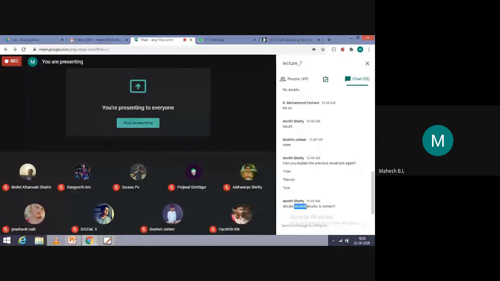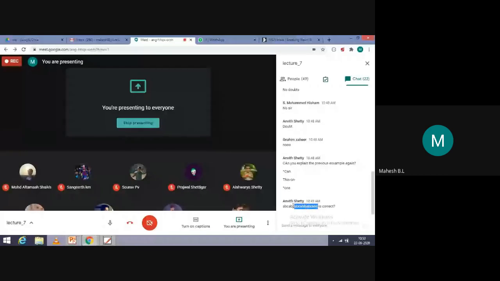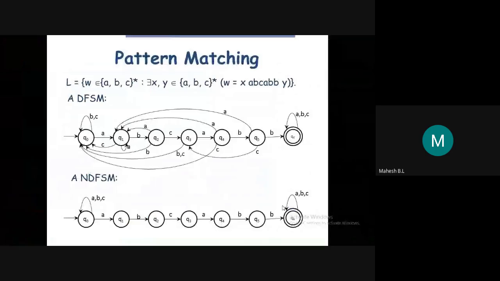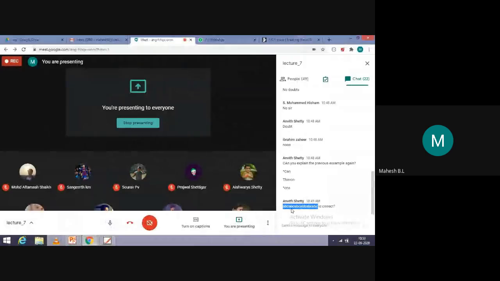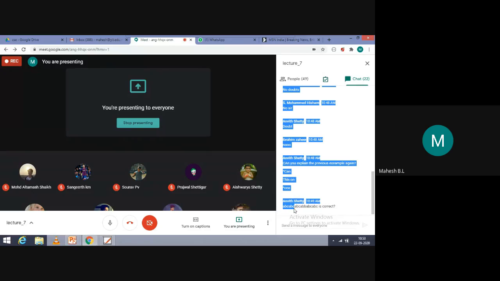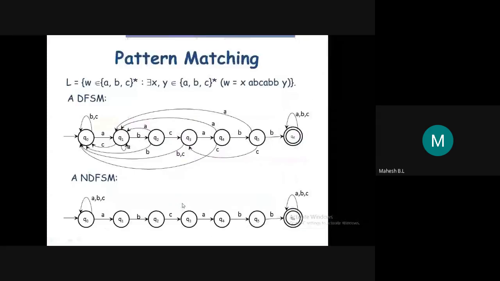Now what you have to do is, let me consider this example itself. Let's say the string is abc abc abc abb. First you have abc, abc, twice. For that, you need to use this self loop. abc, abc is processed in this self loop.